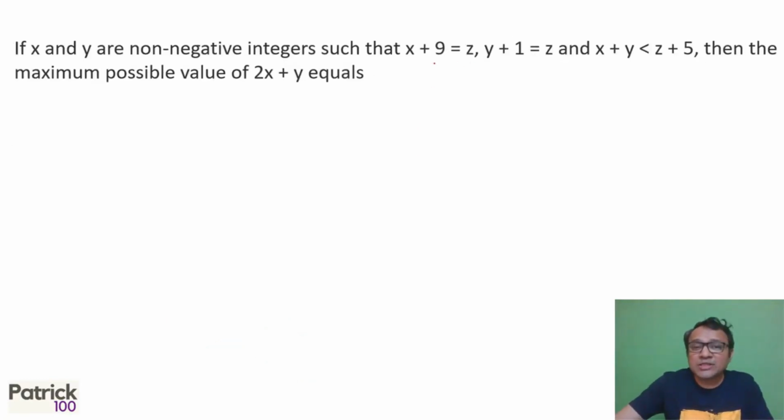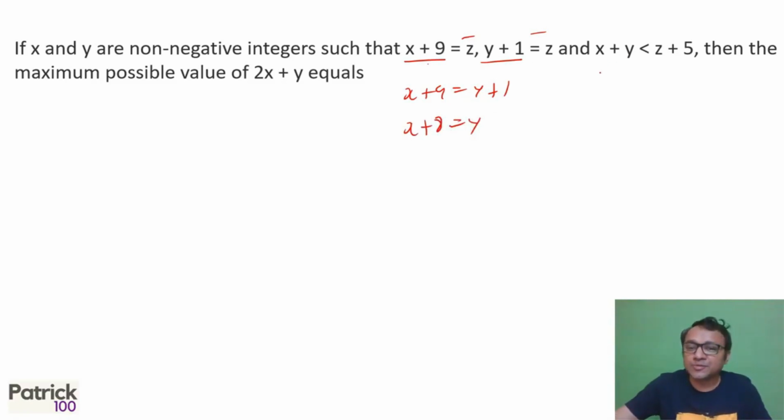If you look at this particular equation, first we'll equate x plus 9 and y plus 1 because both are z. So x plus 9 equal to y plus 1, from this we get x plus 8 equal to y. Once you get this, substitute in the next equation: x plus 8 is technically z, but you can put less than z is equal to x plus 9 plus 5.